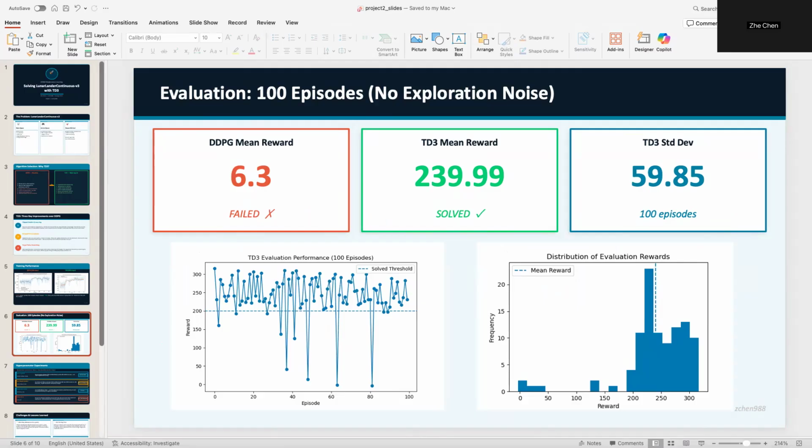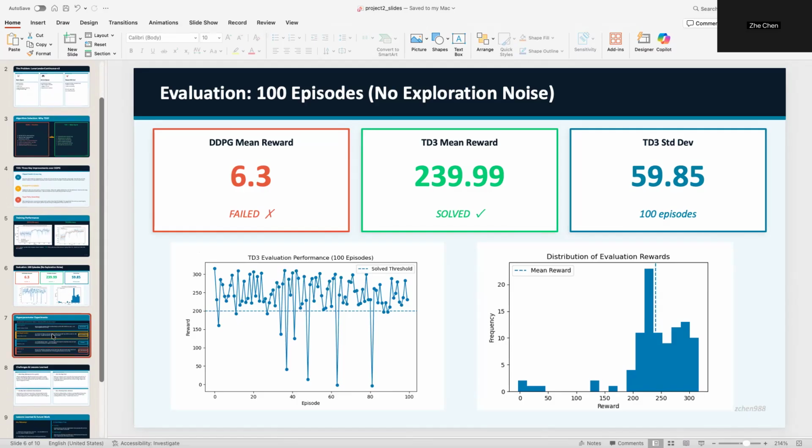TD3 has a mean reward around 240, which is well above the solved threshold of 200. Most of the evaluation episodes fall between 200 and 300 reward, meaning the agent can land successfully most of the time.